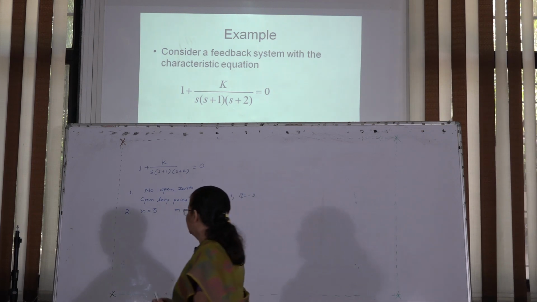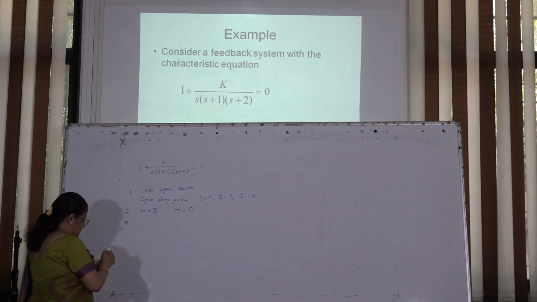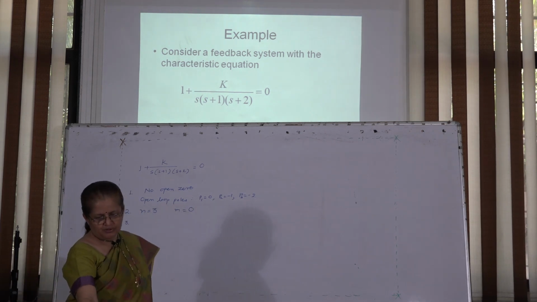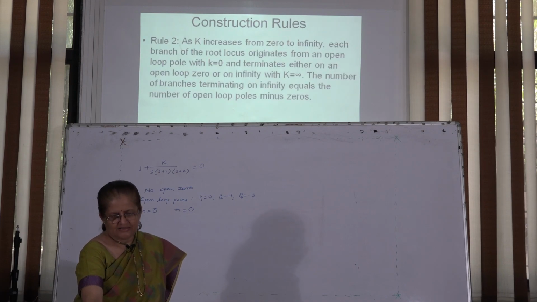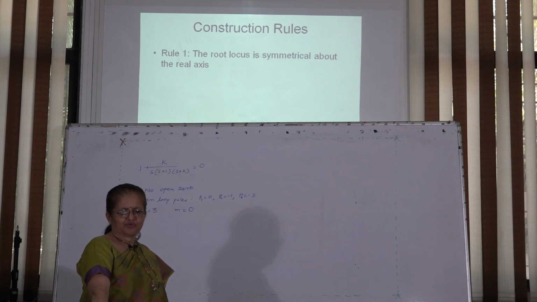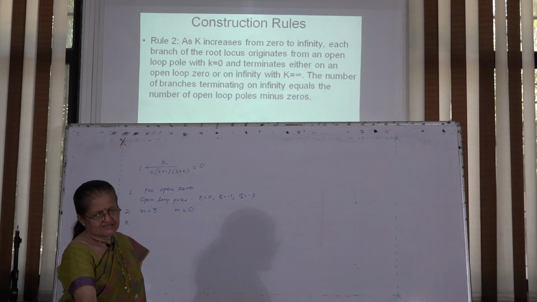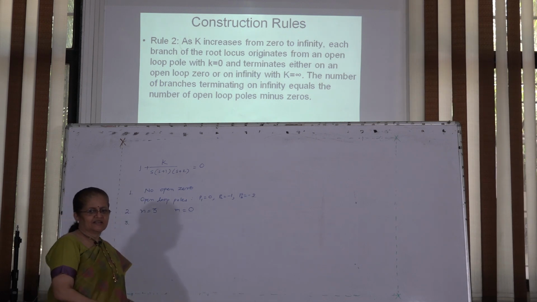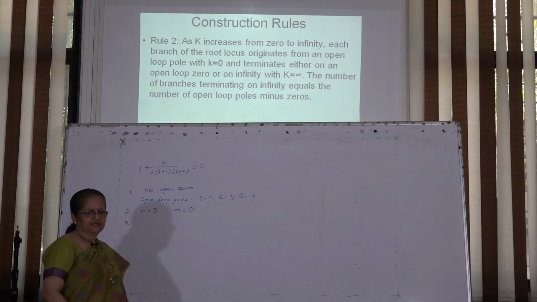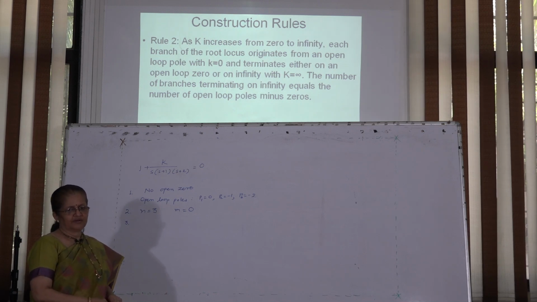Now we apply rule number 2, so we go back to it. There is no necessity to consider rule number 1 because the root locus is symmetrical about the real axis. What is rule 2? As k increases from 0 to infinity, each branch of the root locus originates from an open loop pole.